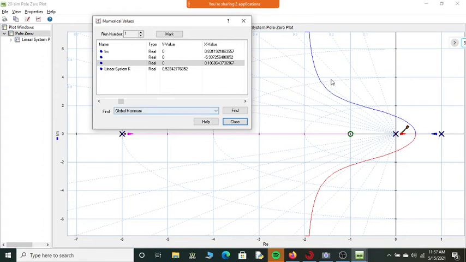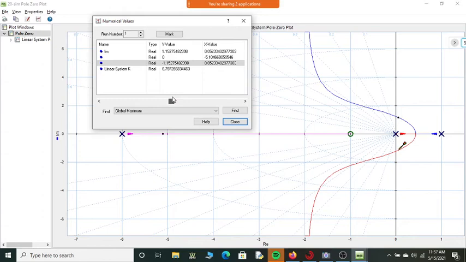Those two, this one and this one. Suppose I further increase, can you see they will break here and come to the left side? See here, are they coming towards the left? This will happen at 7.5. They are on the imaginary axis.